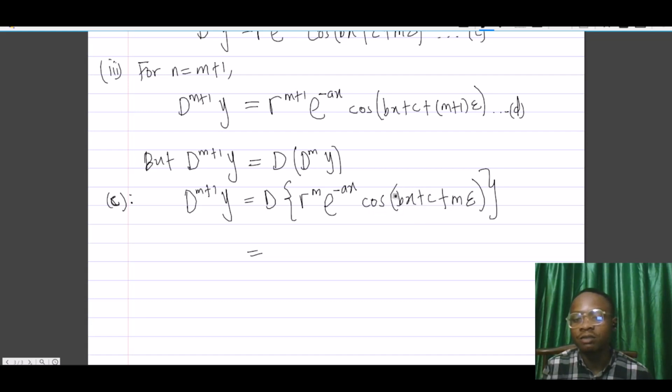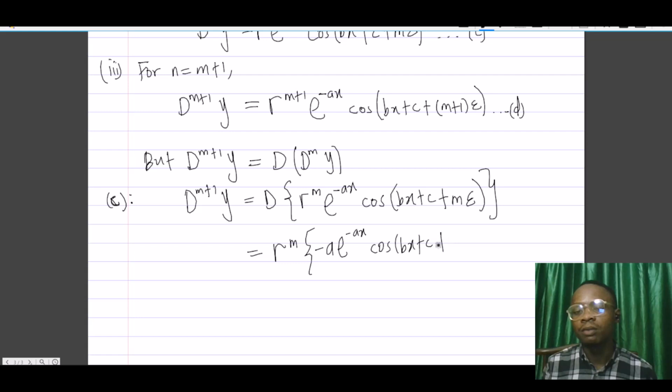So basically the derivative of this argument is just b as before. So this is going to give us r to the power of m. That is a constant, so we can move it out. Then the derivative of e to the power of minus ax will be minus a e to the power of minus ax. That is differentiating this. This is a product, so to differentiate this, multiply by this, that is cos of bx plus c plus m epsilon. Then differentiate cos of this.